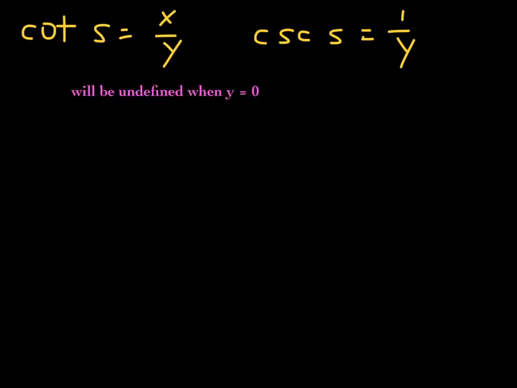The last two functions, cotangent of s and cosecant of s, have something in common. They're both defined with y in the denominator, which means that both of them will be undefined whenever y is 0.